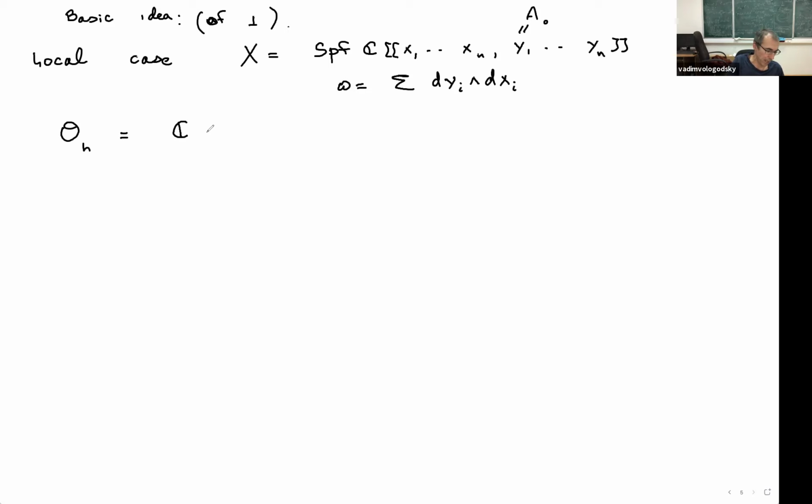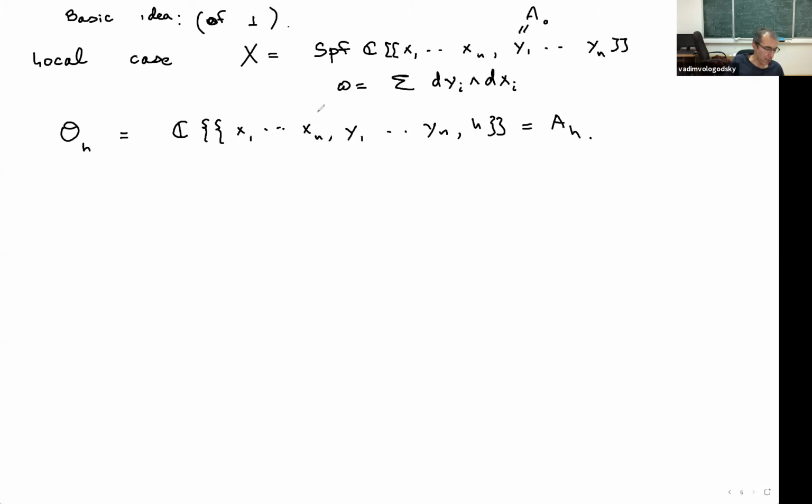It's an algebra of non-commutative power series in 2n variables x1, ..., xn, y1, ..., yn, and h. Let me also give a special name to this. So this is the Weyl algebra. I call it A sub h.